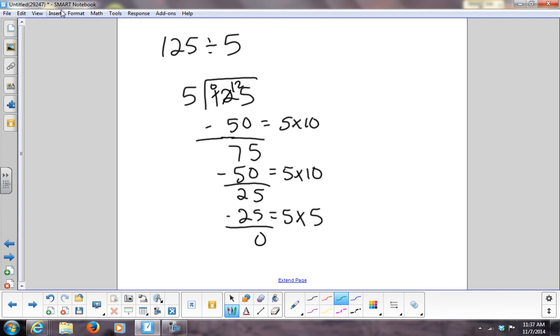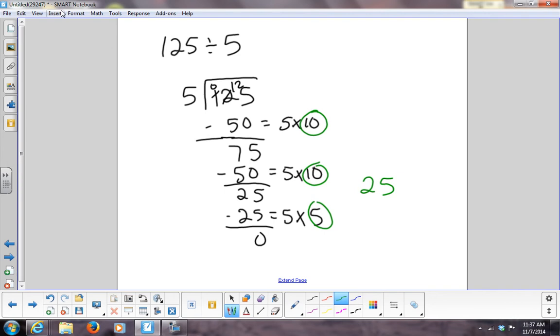Bailey. That's 10 plus 10 plus 5. And that is 10, 20, 25. So 25 times 5 should equal 125. Correct. Okay. How many of you understand that? Thumbs up. Thumbs down if you don't.